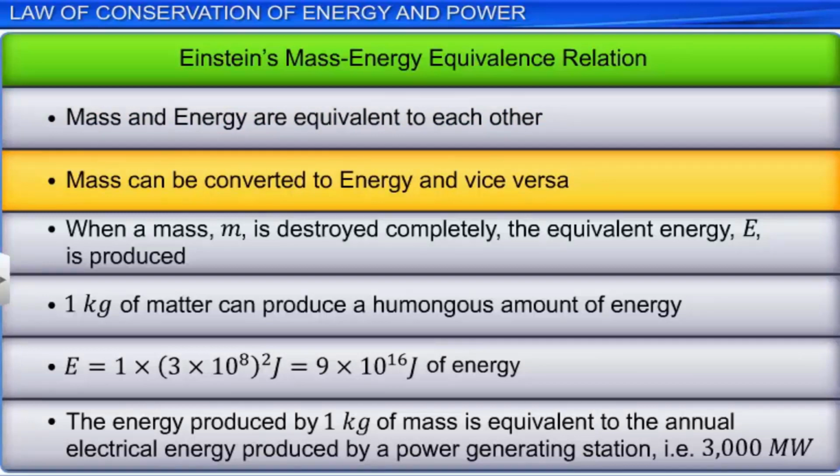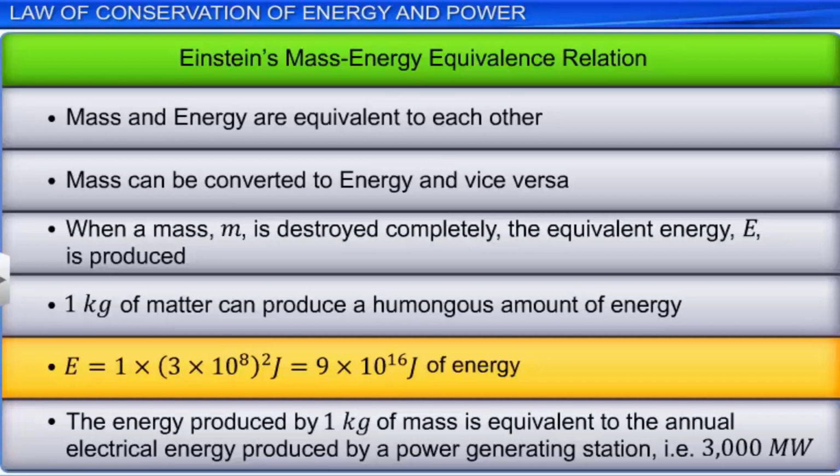When a mass m is destroyed completely, the equivalent energy E is produced. Thus, according to Einstein's mass-energy equivalence equation, 1 kilogram of matter can produce a humongous amount of energy, which is E is equal to 1 × (3 × 10⁸) square joules, equal to 9 × 10¹⁶ joules of energy.